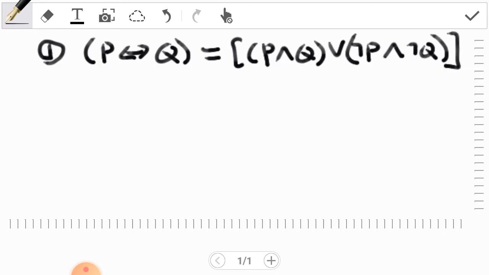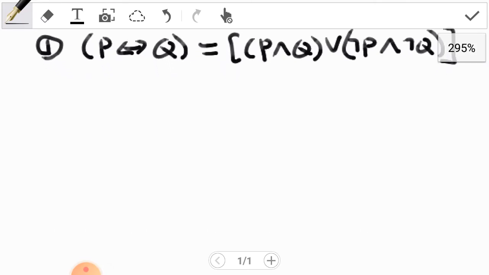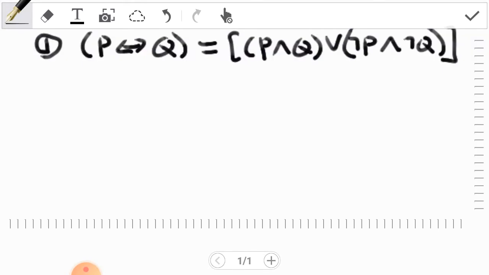Since you can already see that this is a logically equivalent proposition, then we can already proceed with the solution using the rules of replacement. And we can work with the left side, manipulate it to come up with the right side, or you can do it the other way around.